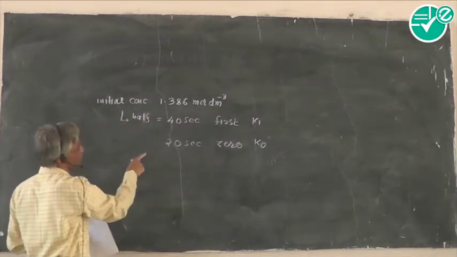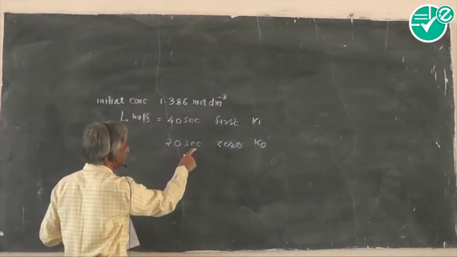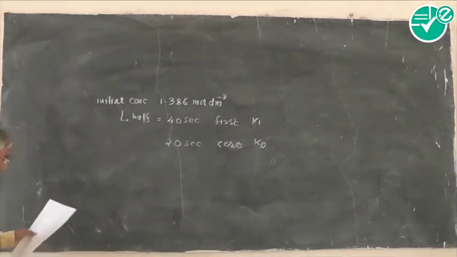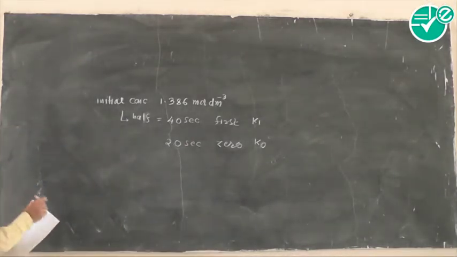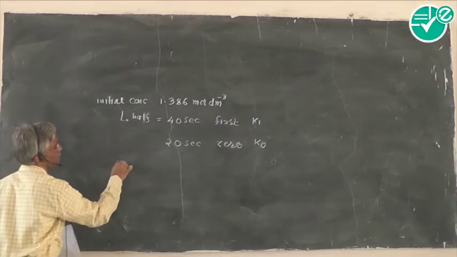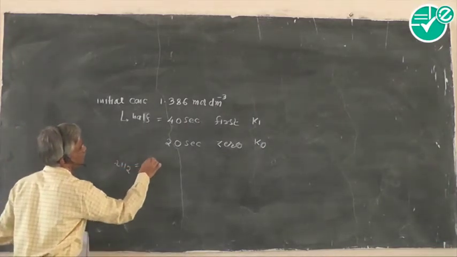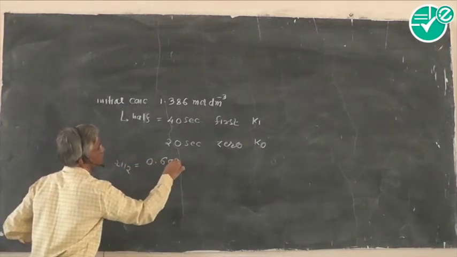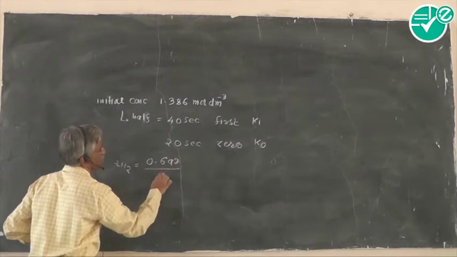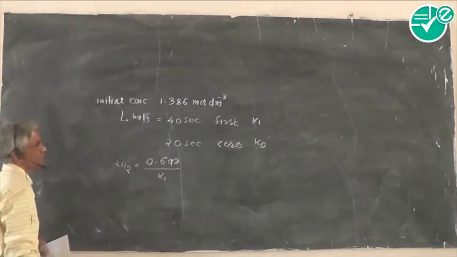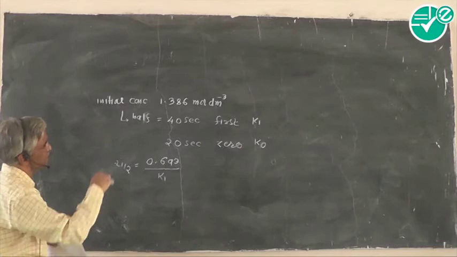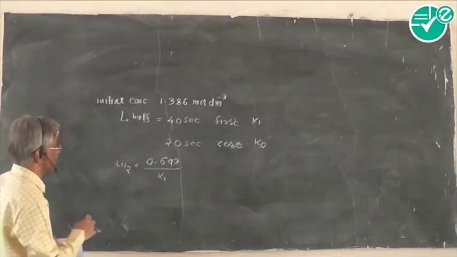If it follows zero order, the half-life will be this much. Now for calculation, go for the relations of half-life. For first order reaction, T half is equal to 0.693 divided by K. We will write K1 here for simplicity.